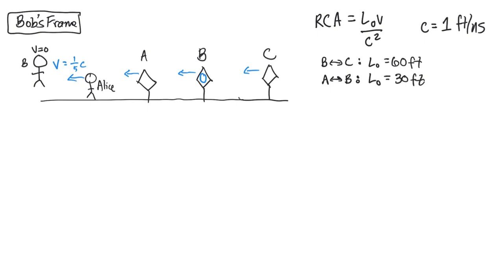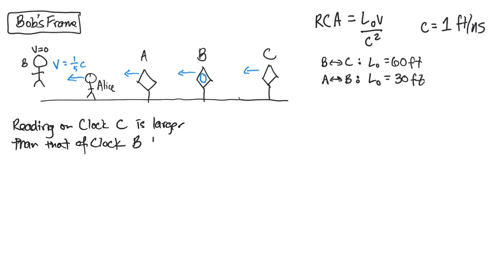So let's start by computing the reading on clock C, given that the reading on clock B is 0. So we'll say the reading on clock C is larger than that of clock B by L naught V over C squared, where here L naught is that 60-foot separation.